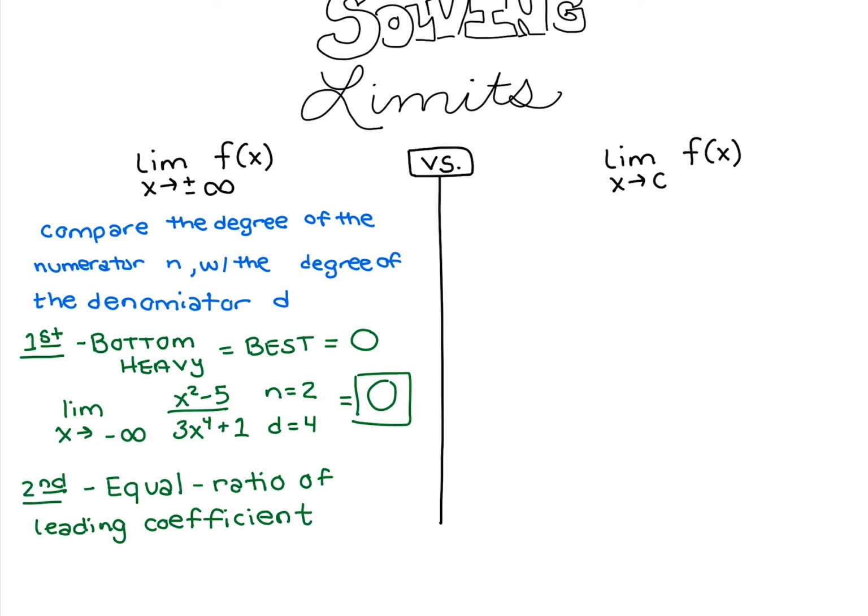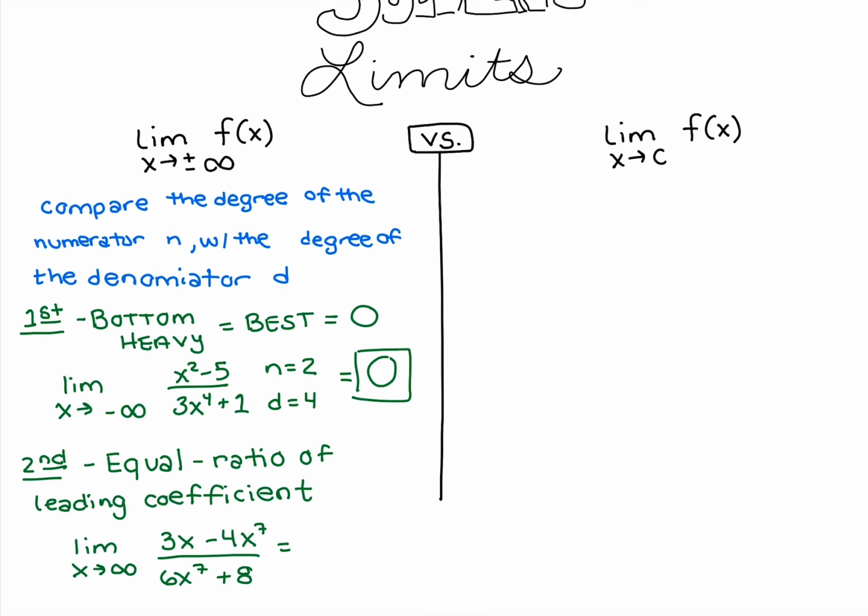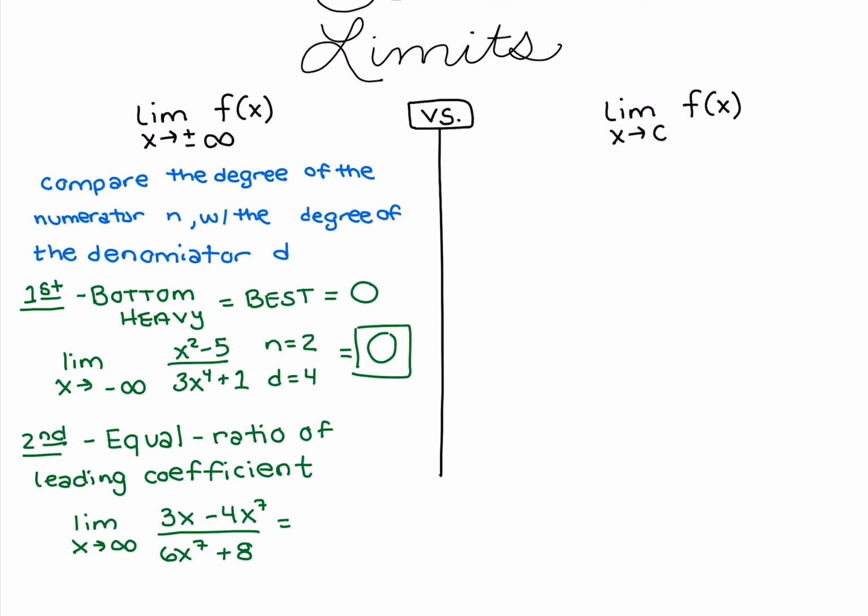Very similar. So if we have the limit as x goes to infinity of 3x minus 4x to the 7th over 6x to the 7th plus 8, I notice the degree of the top, n, is 7, and the degree of the denominator is also 7.